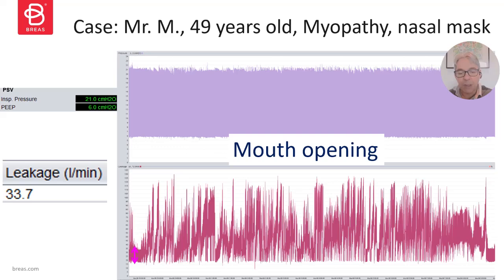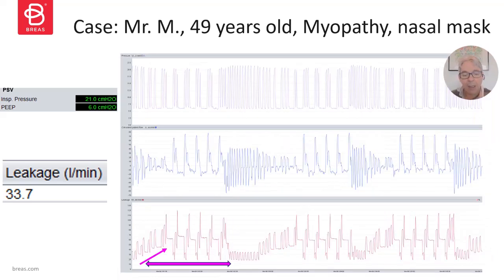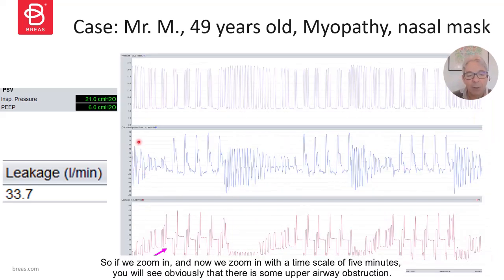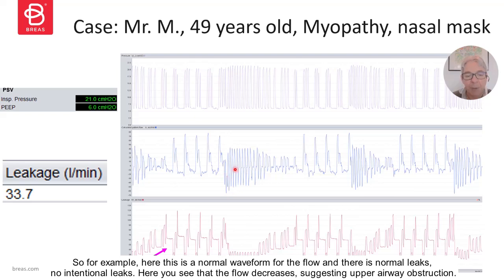So if we zoom in, and now we zoom in with a time scale of 5 minutes, you will see obviously that there is some upper airway obstruction. So for example here, this is a normal waveform for the flow, and there is normal leaks, no unintentional leaks.